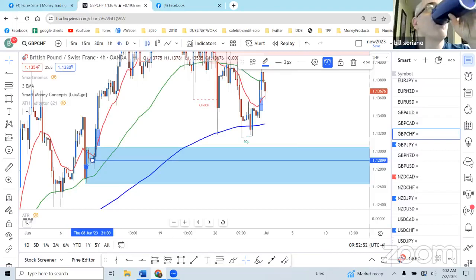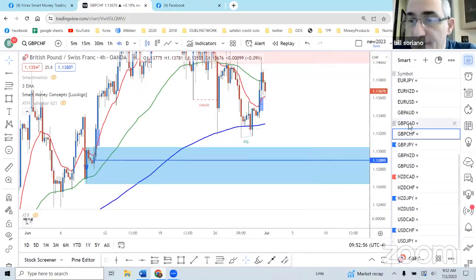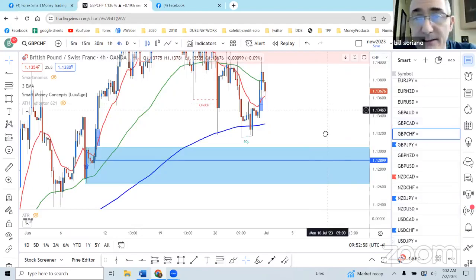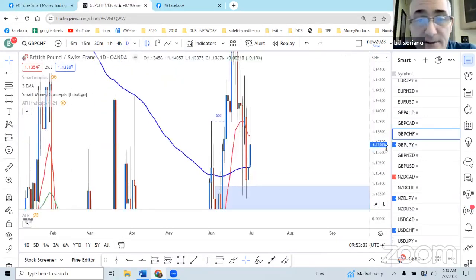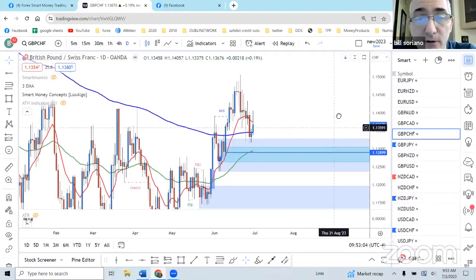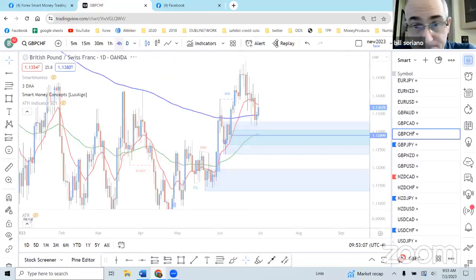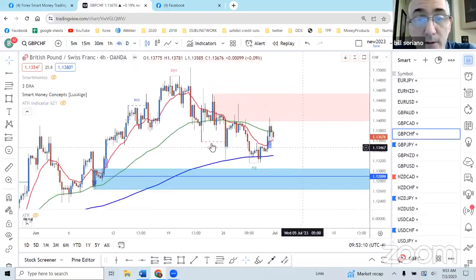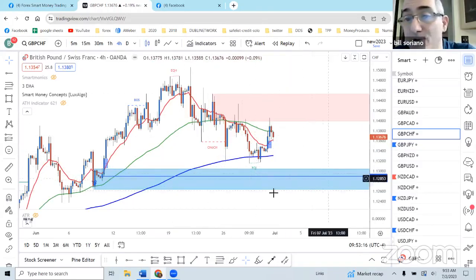So that's GBP-CHF. So see, initially I was looking at that the wrong way. If you go to the daily, you can see that the daily order flow is clearly bullish. In the 4 hour, although we do have a bearish choke, again, you have to get that bearish choke in order for price to move into your order block for a bullish move.